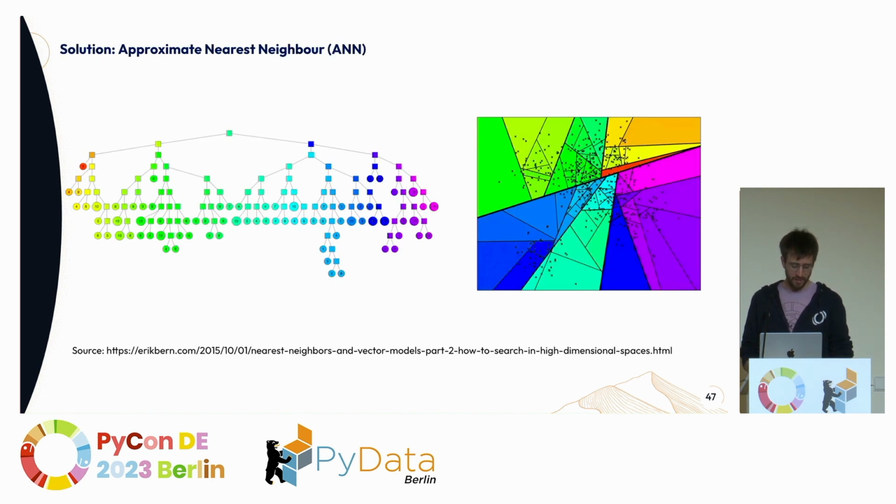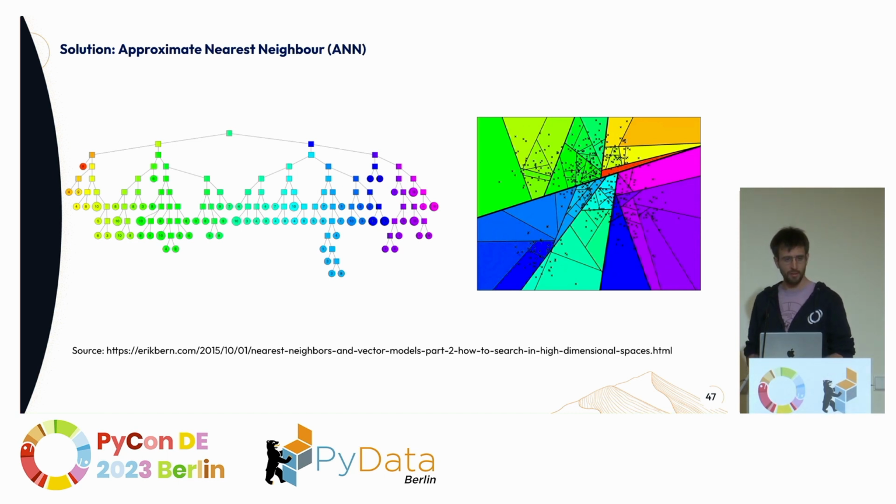One solution is an algorithm called the approximate nearest neighbor. So it's an approximation, it's not exact, but it's very fast. And I will not enter the detail, but the idea is that it will compute clusters of all the image representations of the database, and it will do so recursively to build the tree in the left part.